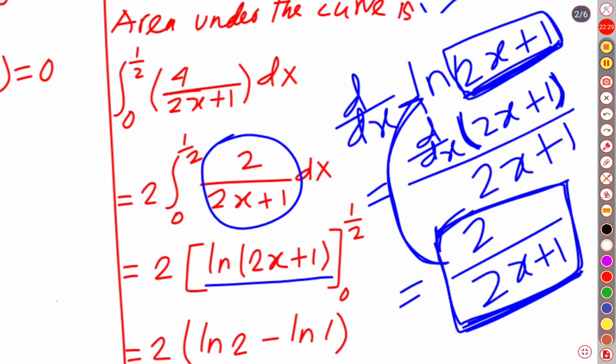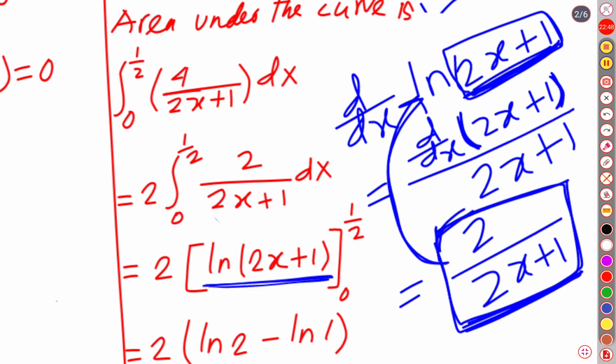So what have we learned from this point? That integration is actually antiderivative, opposite to differentiation. If we differentiate ln 2x plus 1, it just goes back to this function.